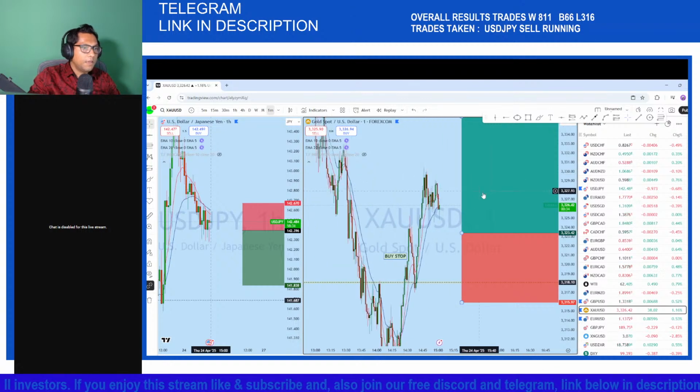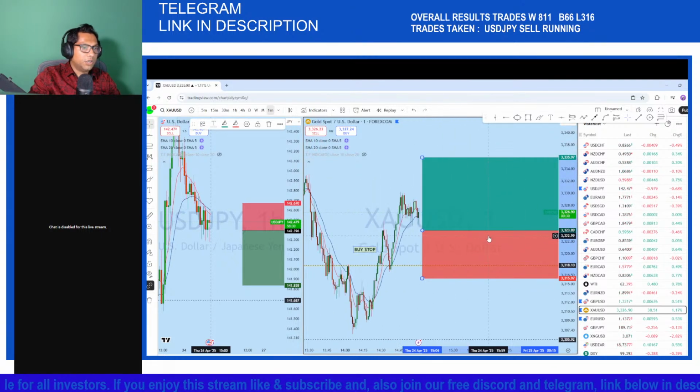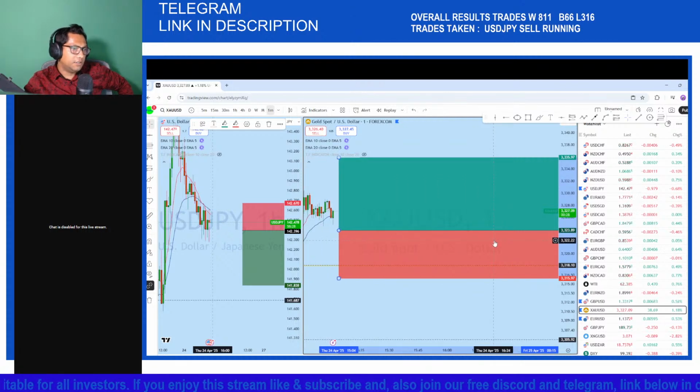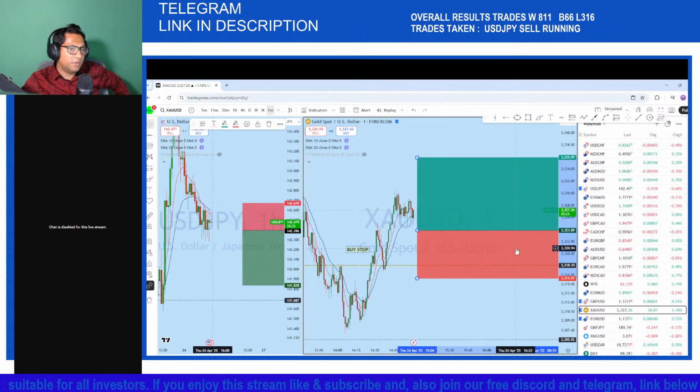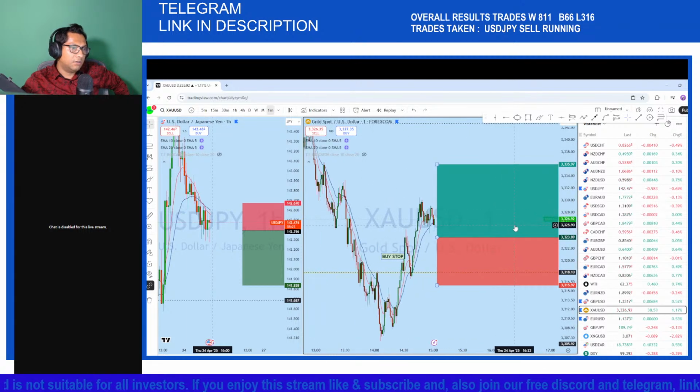Okay. Still holding in, and I think let's wait to see now for the market again going back up to the resistance line.